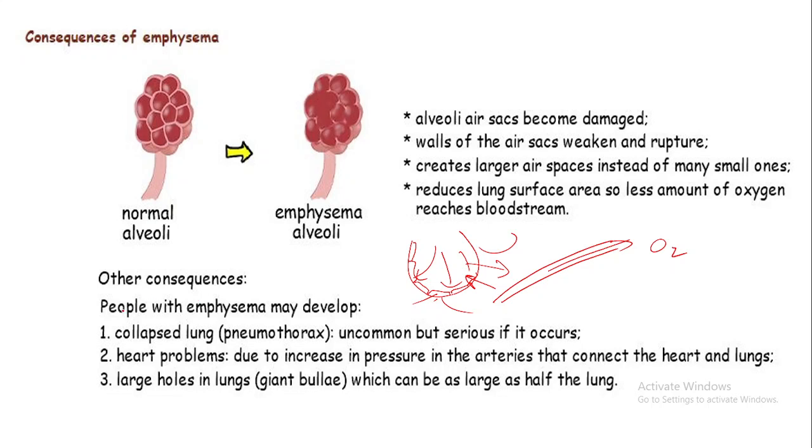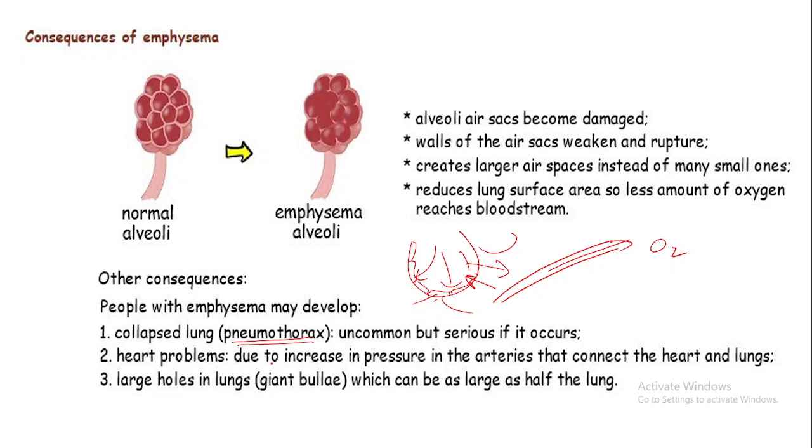What are the other consequences? People with emphysema may develop a collapsed lung, also called pneumothorax. Remember this term. Pneumothorax is the collapsed lung. Uncommon but serious if it occurs. Collapse of the entire lung, almost more than 50% of the lungs rupturing, and there is no surface area available for respiration, for exchange of gases, and ultimately that results in the collapse of the lungs.